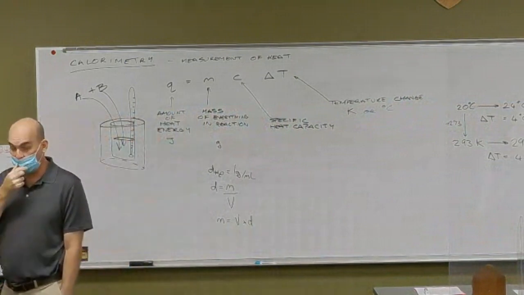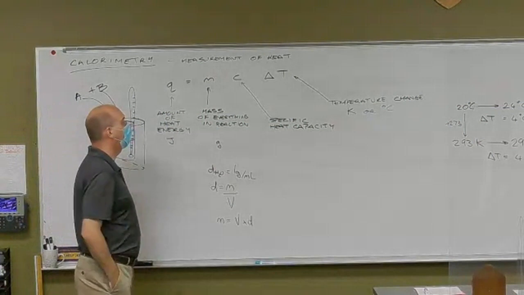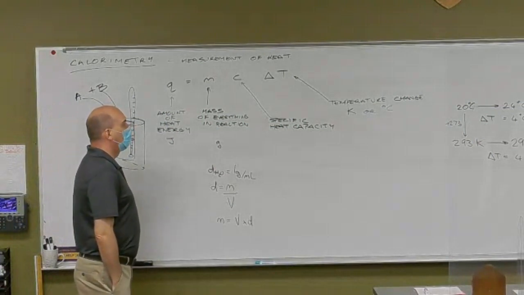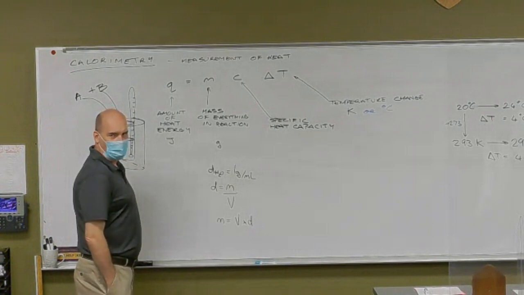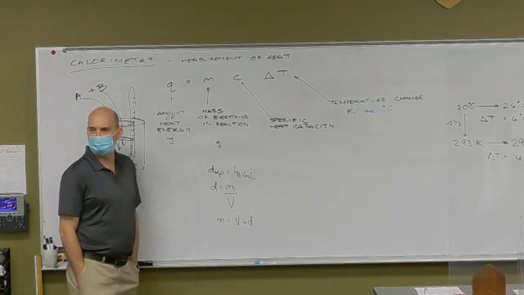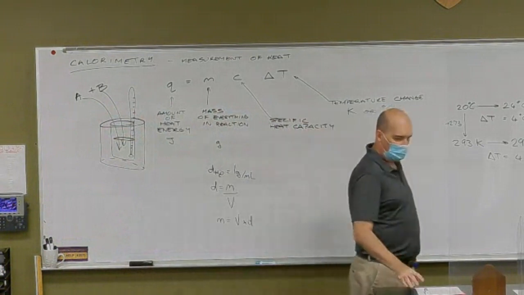It is specific to the thing that you are looking at. You've all encountered specific heat capacity at some point in your life. You just haven't really recognized it for what it is, but it's always been there.